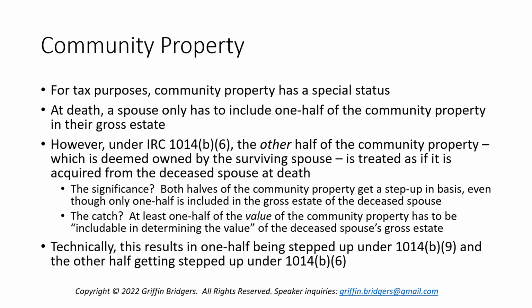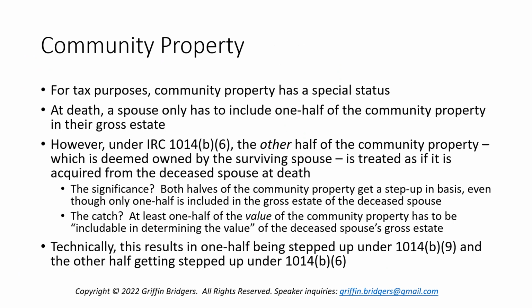So, if you don't know about community property, it's typically a right that is granted to property acquired during the marriage of a couple in certain states, usually the Southwest and Western states. I won't dive into which states those are, but the outcome is that regardless of titling, community property is deemed to be owned one half by each spouse.